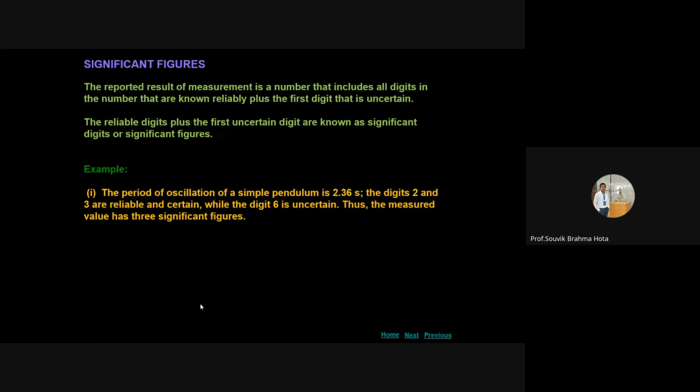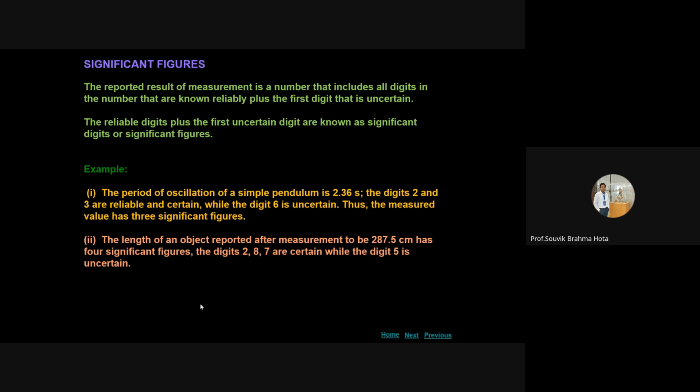Now, the length of an object reported after measurement, suppose 287.5 centimeter. So it has four significant figures. The digits 287 are certain values, and 5 is the uncertain value after the decimal.